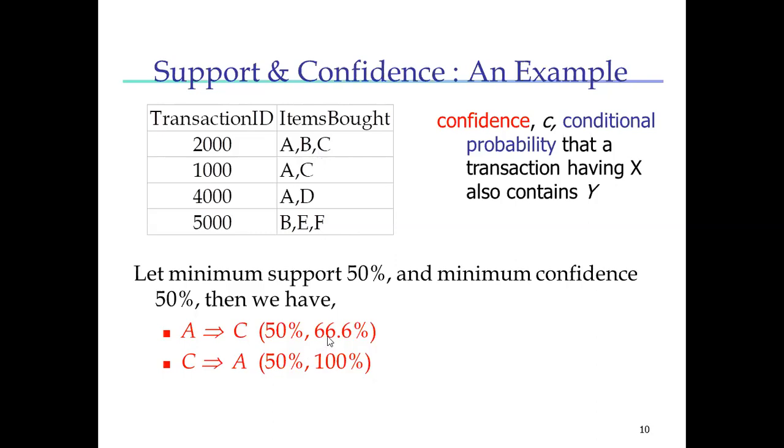Now we'll see the confidence. For A then C, the confidence is 66.6%.